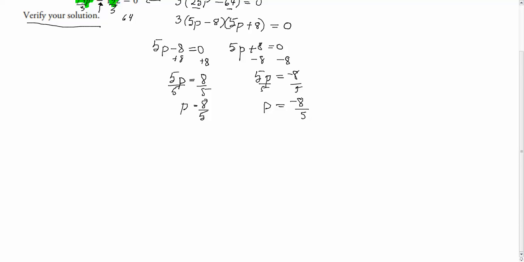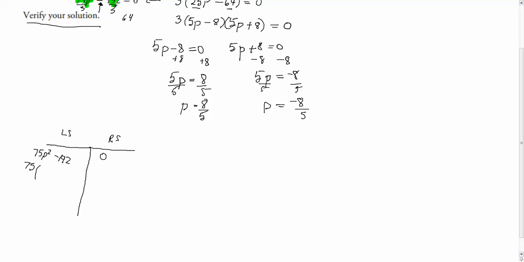We take the function itself and I'm going to do a left side, right side verification. So on the right side we have 0. Here we have 75p squared minus 192. I'm going to test my first p, positive 8 over 5.